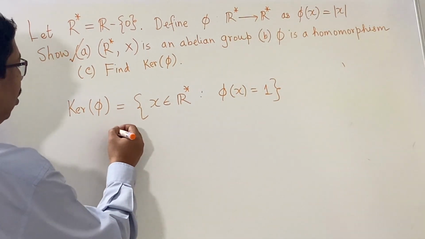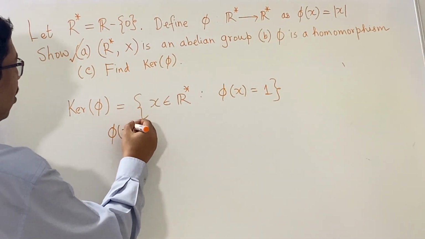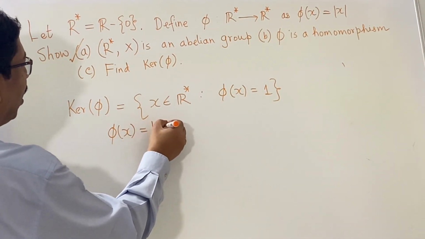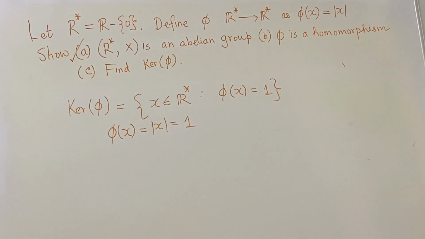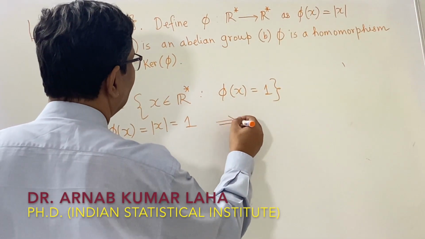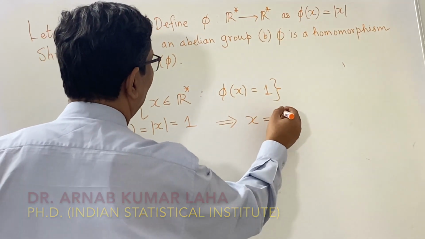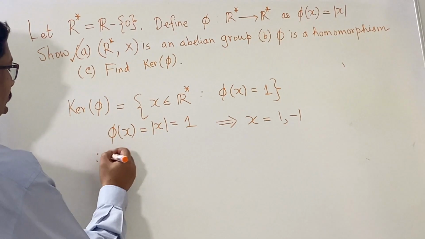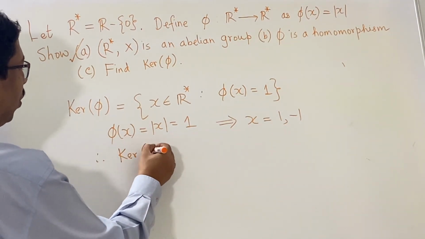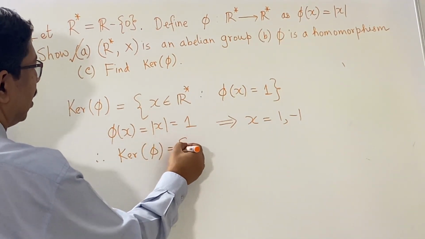Now, here this will mean that phi of x, which is mod of x, is equal to 1. So what values of x are there which give mod of x equal to 1? And we know that this can happen for only two numbers, 1 and -1. So therefore, the kernel of this homomorphism is the set 1 and -1.